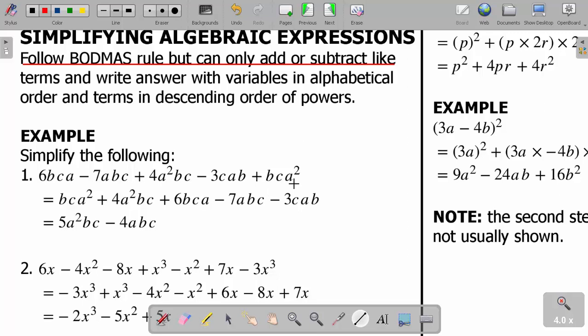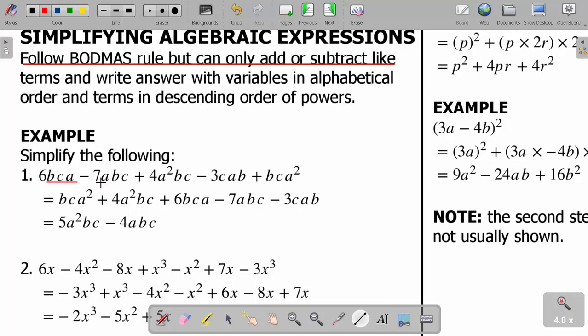Now I want to simplify this, so I must identify those terms which have the same variables. They are called like terms. Then I can add or subtract them. For example, this is bca, this is bca, now this is abc.